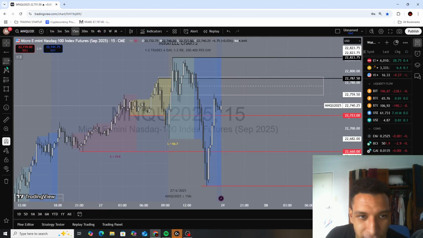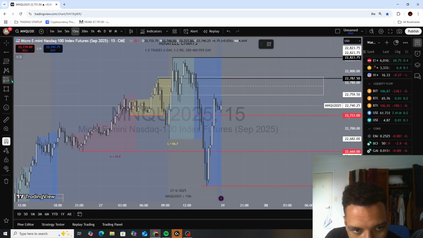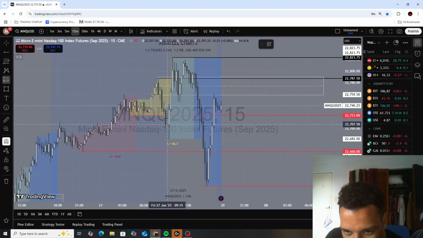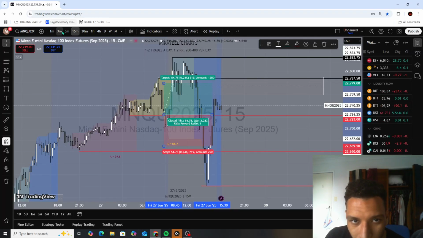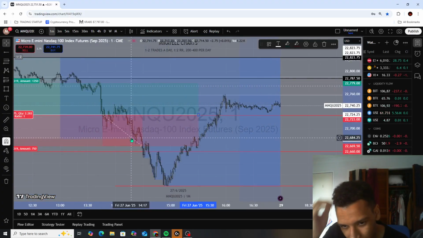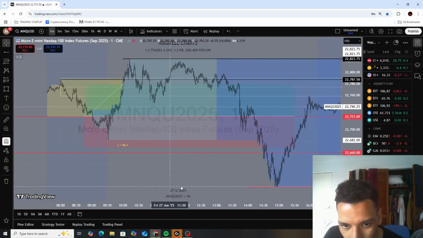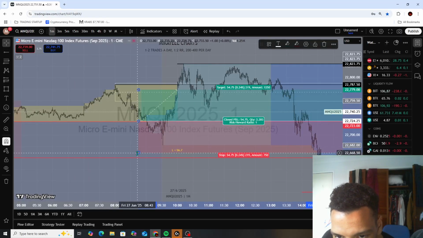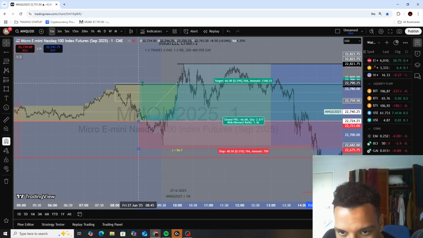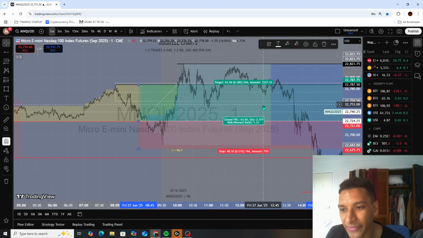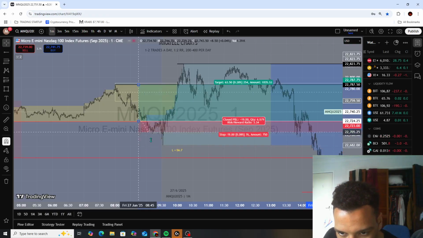Okay, first things first, guys. What I would have taken is, boom, a long position right here. I'd have to wait for buys to step in after sweeping the low. So after this low gets swept, I'll be targeting the high, right?